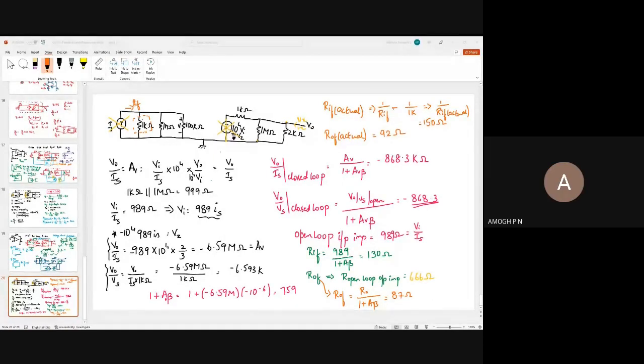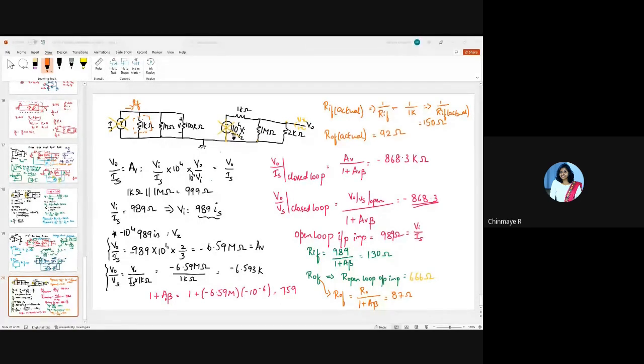Ma'am, my doubt is why we need to consider V0 by IS specifically for finding out the beta factor and not V0 by VS. That's because what is the kind of feedback here? Voltage shunt, no? So we have identified the kind of feedback as voltage shunt here, which means the output is sampled as voltage while what you're feeding back is current.